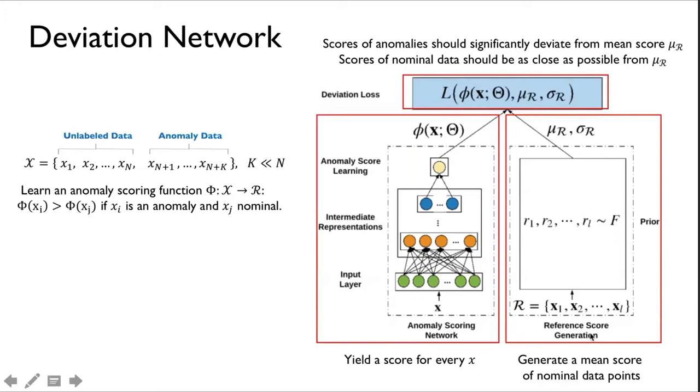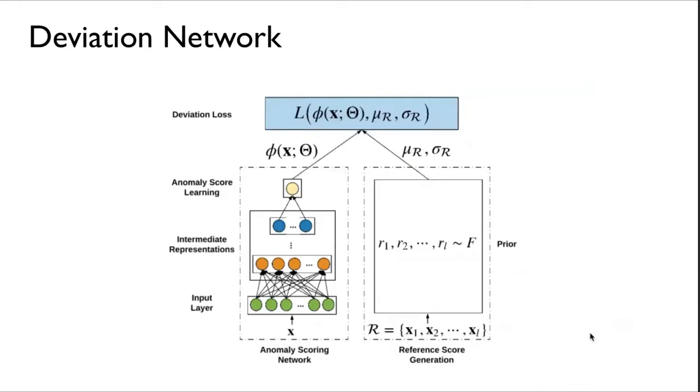Okay, so let's go into details of this architecture. On the left, you see the input layer, which has the value of X, and then you go through some kind of encoder, some kind of neural net, to produce an intermediate representation.